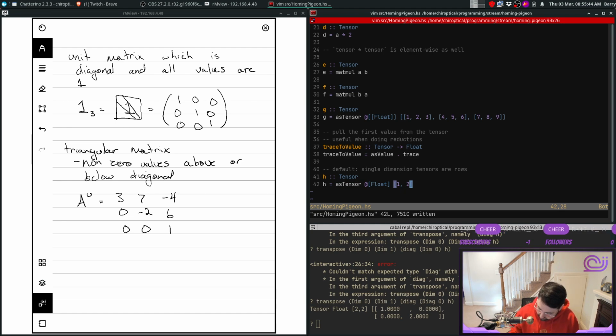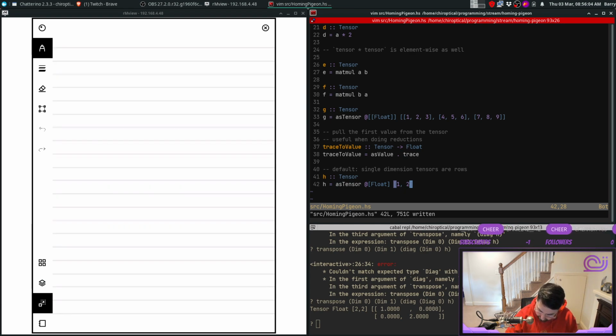If we wanted to turn this into A sub L, a lower one, we could just take A sub U and transpose that. So we'll talk about transpose next.